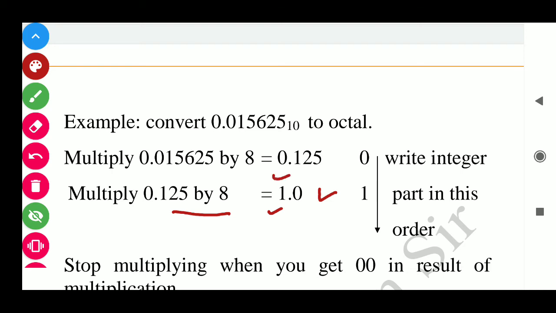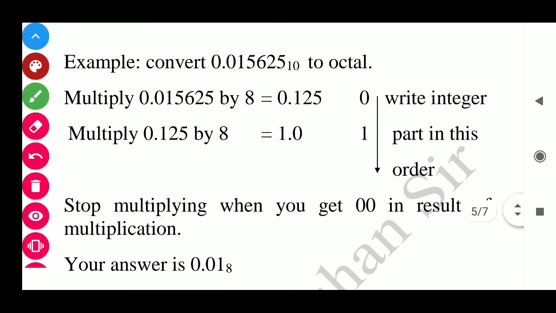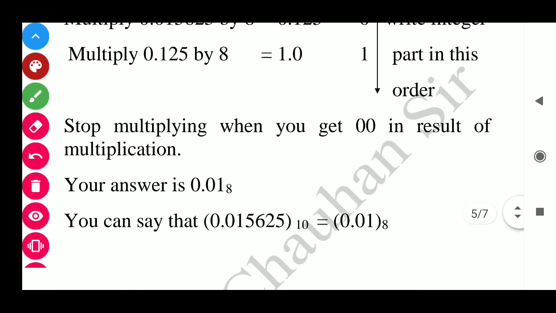Write this 1 here and write your answer from top to bottom. Stop multiplying when you get 0 in the result of multiplication. Your answer is 0.01 base 8, and you can say that 0.015625 base 10 is equal to 0.01 base 8. Do you understand now? It is the same as decimal to binary.